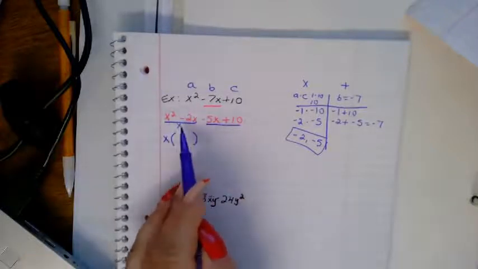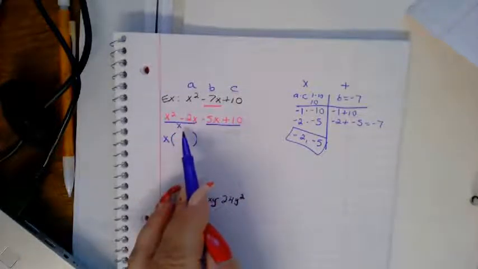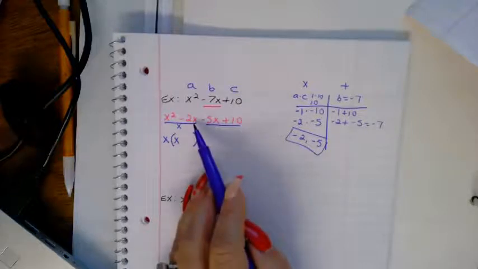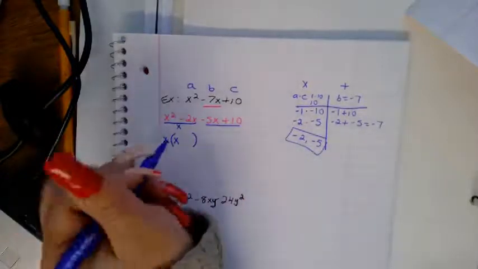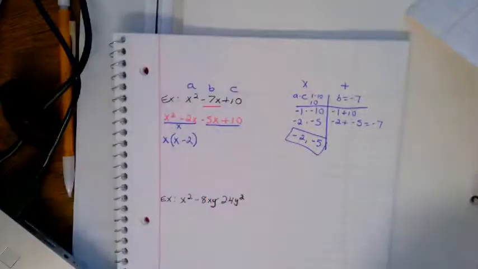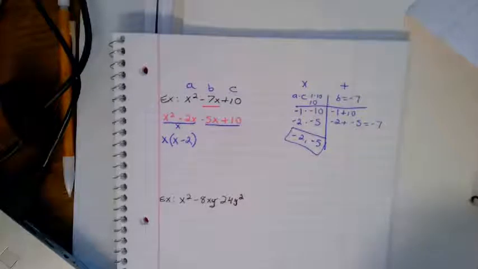So x squared divided by x gives us an x. And then our negative 2x divided by x gives us our negative 2, correct? Get that part? Okay. We're just finding what's in common, so they both share an x, right? So we took an x out.